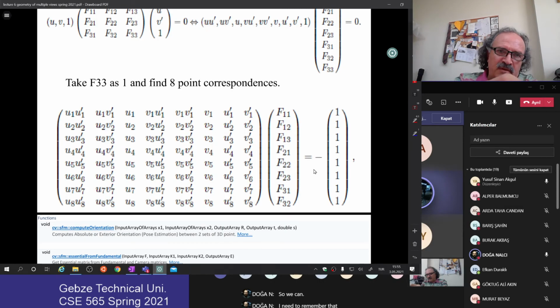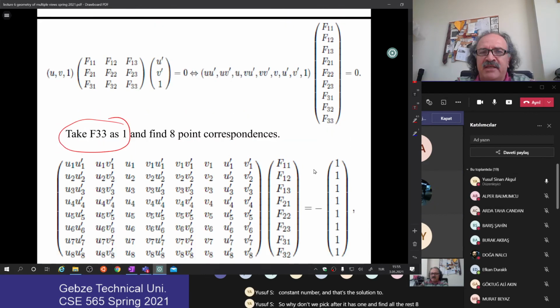Yeah. We take it why? Because we are not going to find unique 9 numbers. Whatever the solution you have, I can multiply it with a constant number, and that's the solution too. So why don't we pick F33 as 1 and find all the rest, 8 numbers, that's going to be unique.